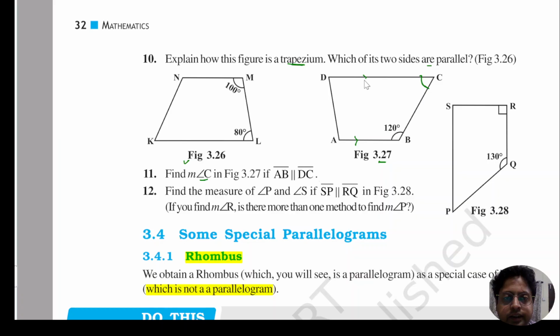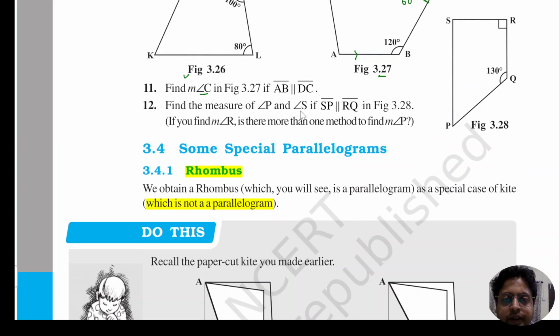Next, question number 12. Find measure of angle P and S. We have to find measure of angle P and S. In figure 3.28, if SP is parallel to RQ, so these two lines are parallel.